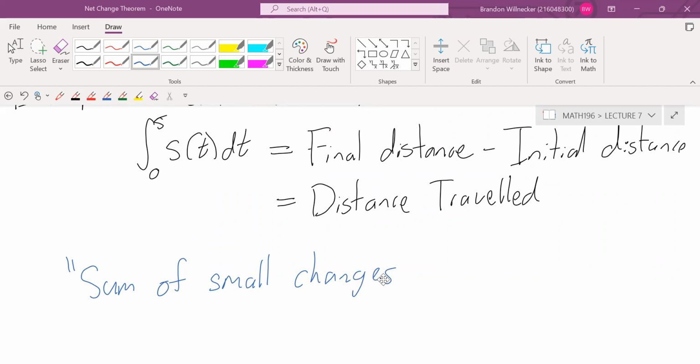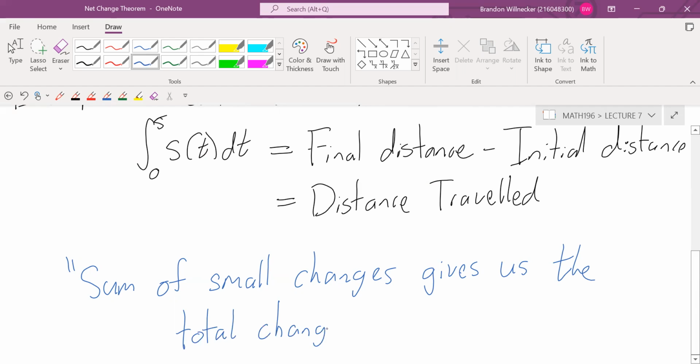This is just a way of remembering the integral of the rates of change gives us the total change, or in brackets, the net change. So that will help you remember this theorem. The sum of small changes, that is the integral of the rates of change, gives us the total change or the net change.